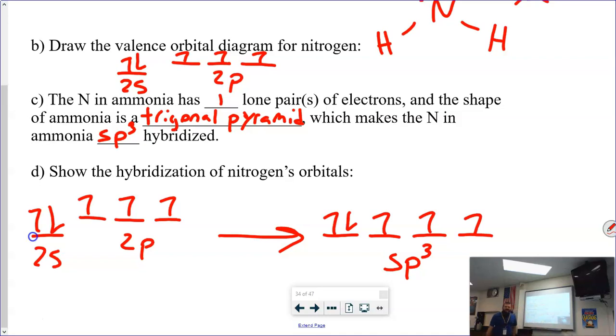Well, hold on, does that make sense? It does. Think about this, right? How many bonds does the nitrogen make in ammonia? It makes 3, right? We have 3 unpaired electrons in our hybrid orbitals. All right, that's cool. That kind of adds up. How many lone pairs does the nitrogen have? 1. Here it is. This right here, that's the lone pair.